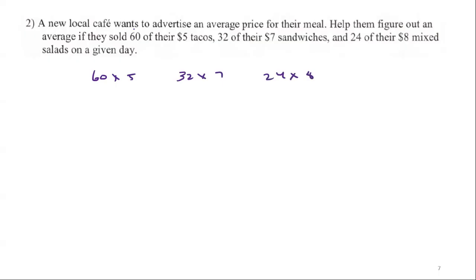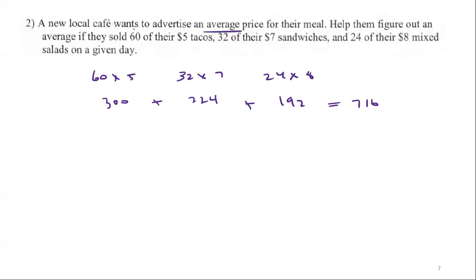So when we do that, 60 times 5 is 300, 32 times 7 is 224, 24 times 8 is 192. After we do that, we just need to add those numbers and we get $716. So that's the total cost if we bought all of those items. Now, what we need to do is find the average price.